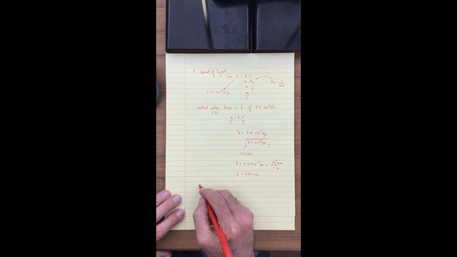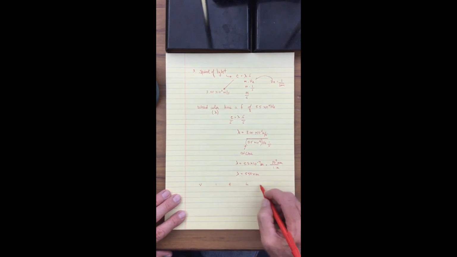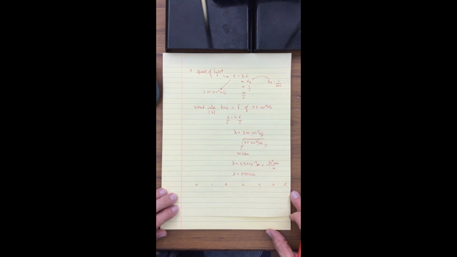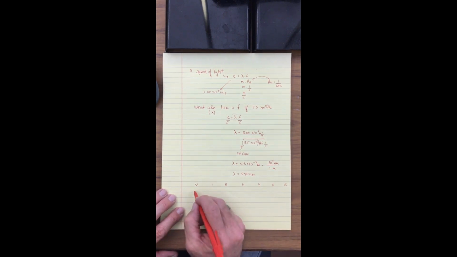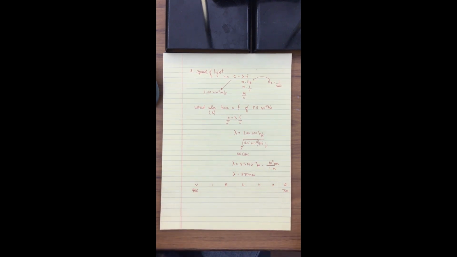So we found what the wavelength is, but what color is that? If you remember from chemistry, we're going to be looking at VIBGYOR again. Okay, and this is 400 nanometers down here. This is 700 up here. Now, these are just approximate numbers. It's close to 400 for the violet. It's close to 700.